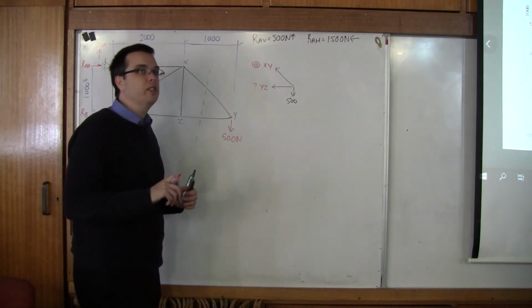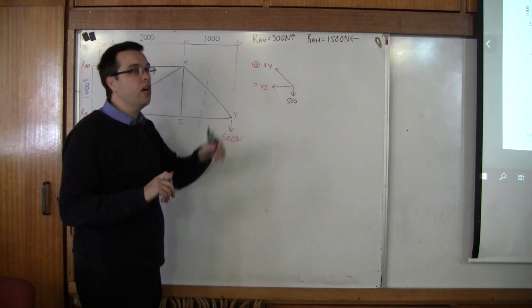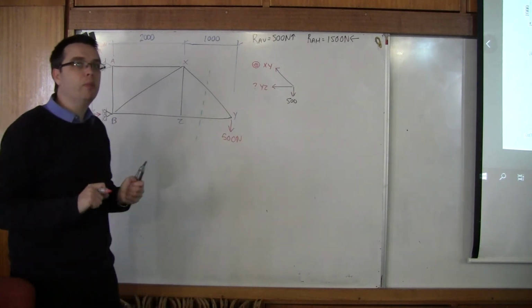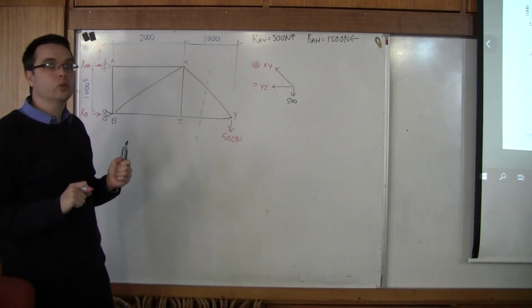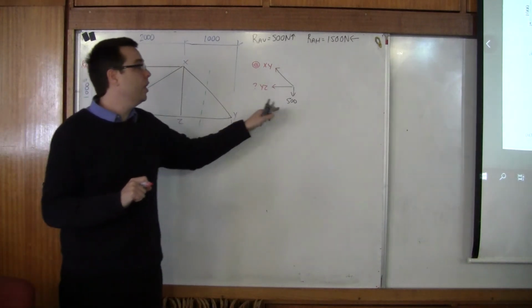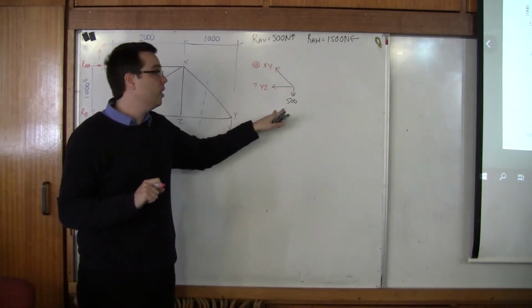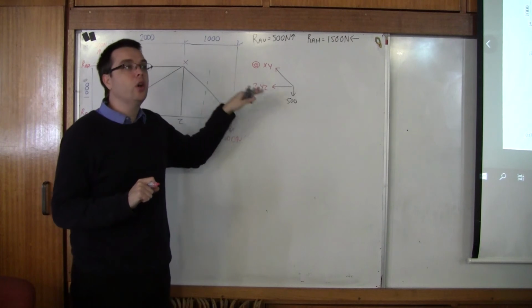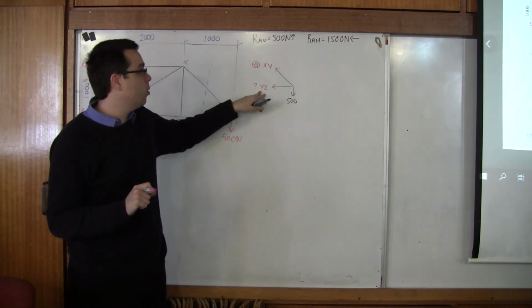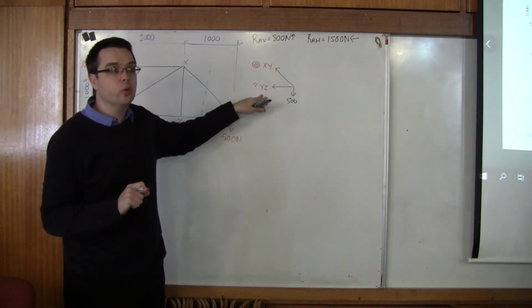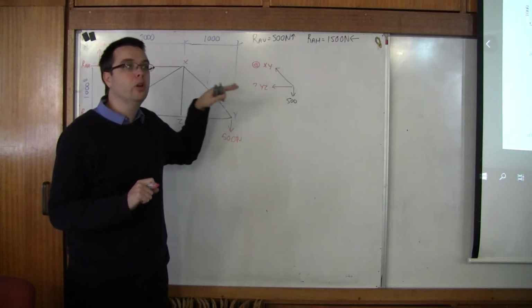The lone wolf method says that only this force here, our target, is the only member that can resolve a vertical force. We have a vertical force here, 500. We know that force. YZ cannot take a vertical force. It is horizontal. It has no vertical component.